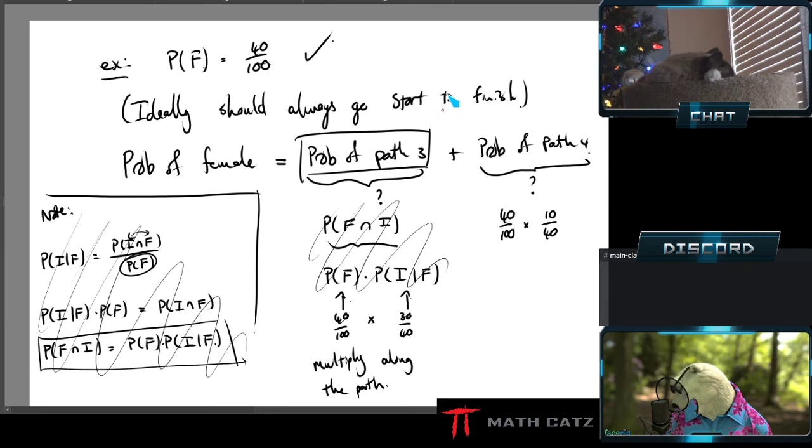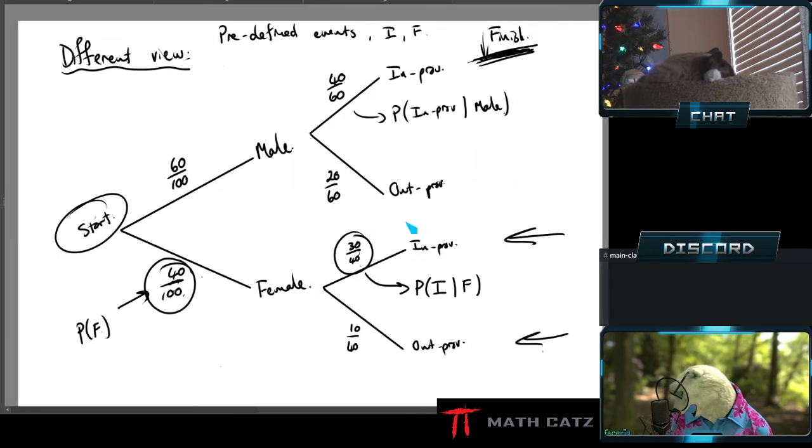But when I get more difficult probabilities that aren't immediately visible on the tree like this one was, I might have to look at full paths. So let's clean this up a little bit and see what are all the variations in questions and how do I use the tree. Is there anything that I can't do? Answer is no, I can do everything.